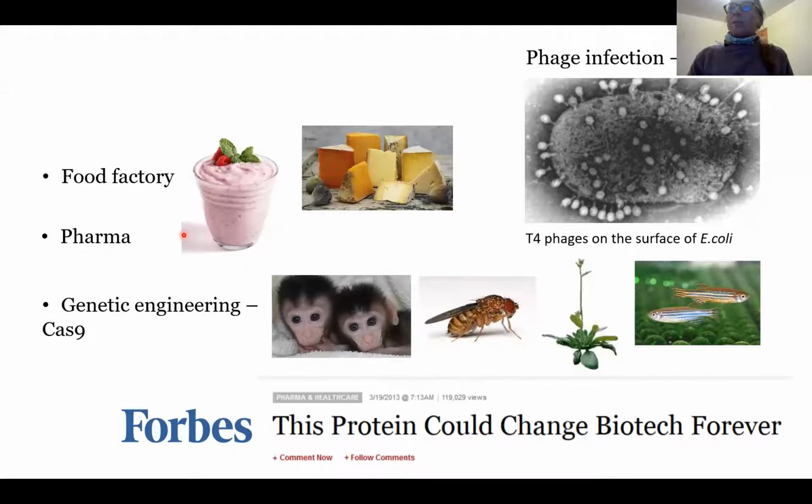So we come back to the genome engineering slide. And we come back to that slide because after the discovery of Cas9, it has been used in many, many different areas. The patent was the main thing that pushed the field forward.